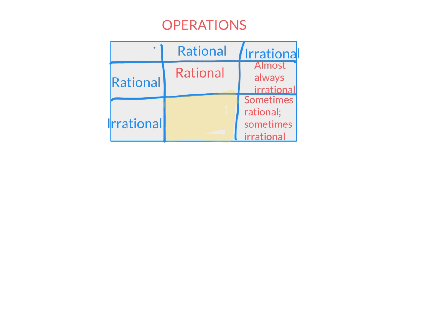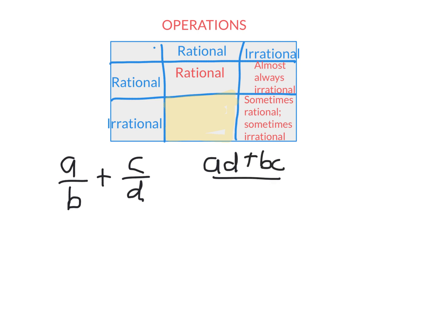So it turns out you can write a rational number as a fraction with integers that have no common factors. So here A and B are just going to be random integers with no common factors. Similarly, C and D are integers with no common factors. So if you go through and add this and you do the algebra, you end up getting AD plus BC over BD.